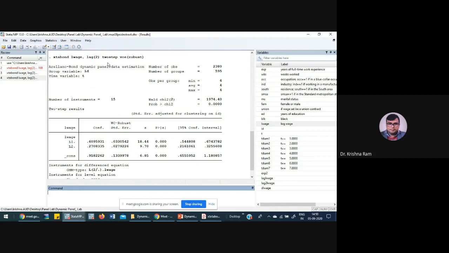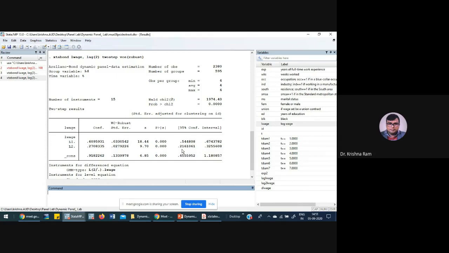And even in two-step, there is an option to use the standard formula of standard error, which we generally use in the case of heteroscedasticity and autocorrelation. If you use that, then we probably get an underestimation of standard error. That is the standard drawback of any autocorrelation problem. When regression models suffer from the autocorrelation problem, we generally get an underestimation of standard error.